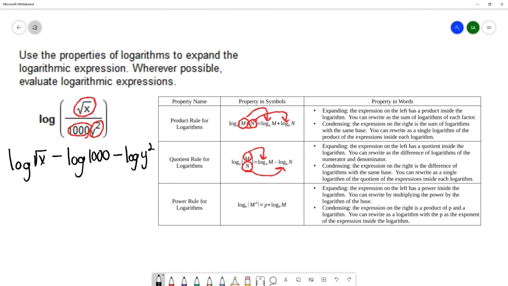You'll notice that this factor of square root of x was in the numerator, and the log has no sign in front of it, so we assume it to be positive. However, these two factors, 1,000 and y squared, were in the denominator, and so I have a negative on those logs.